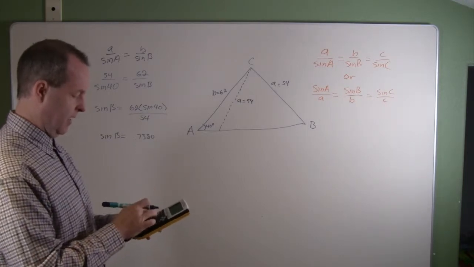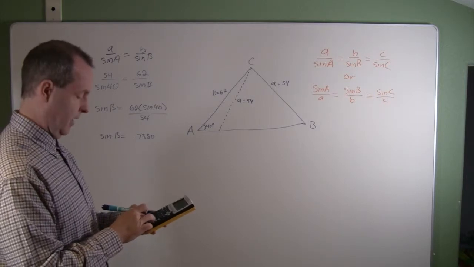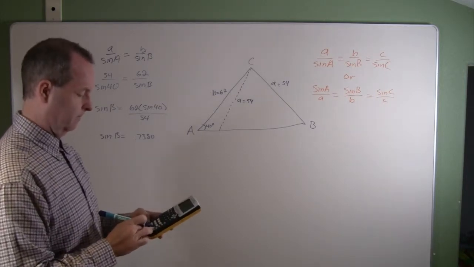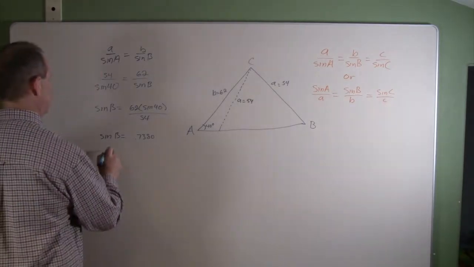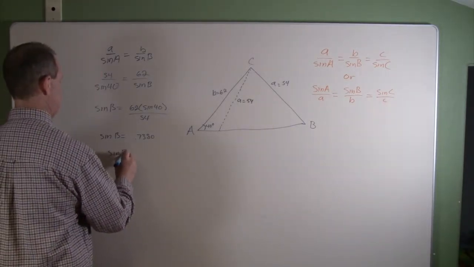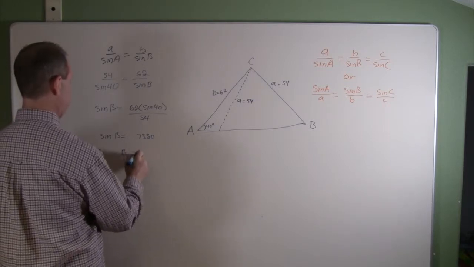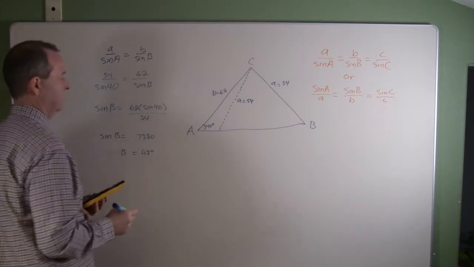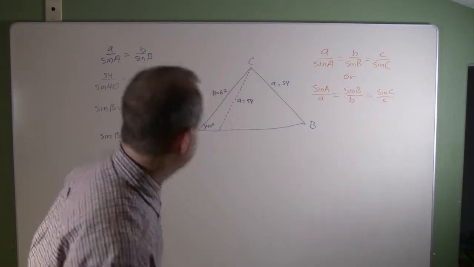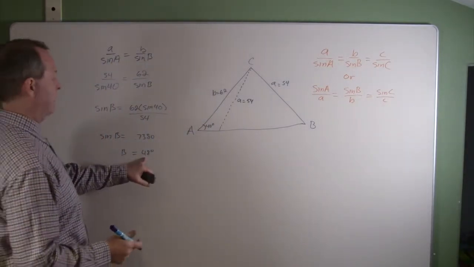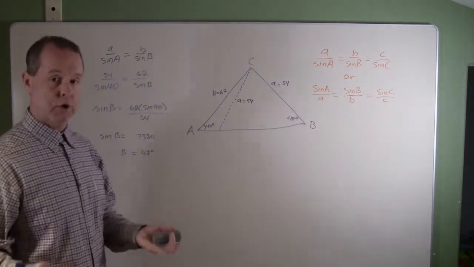One angle is if I took its inverse sine. Let's take the inverse of 0.7380. I get 47.5. Let's round it up to 48. So B itself now is 48 degrees. So I get one possibility where the angle B is 48 degrees, and that makes sense with the larger triangle.